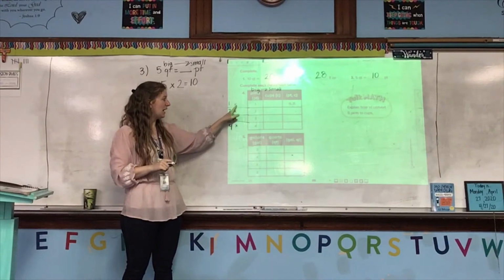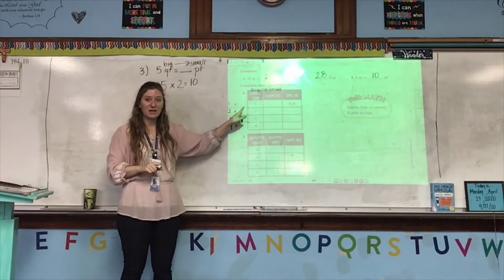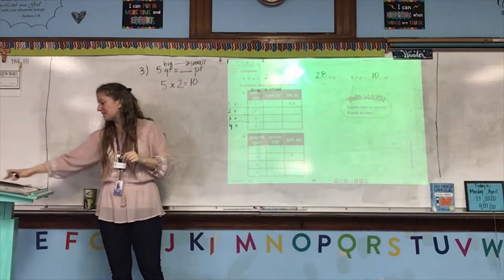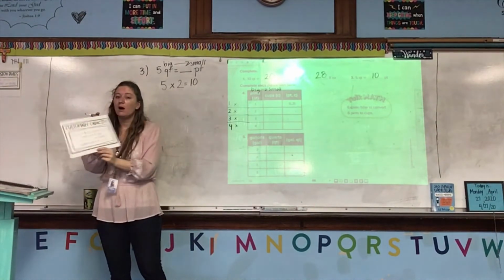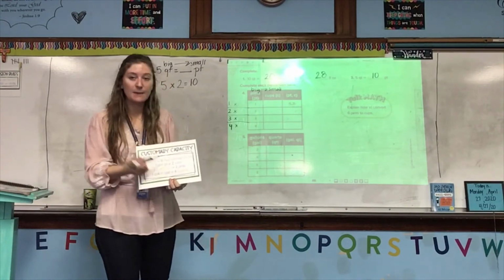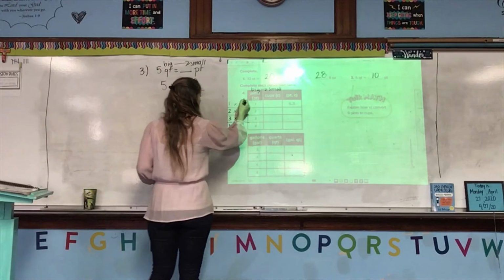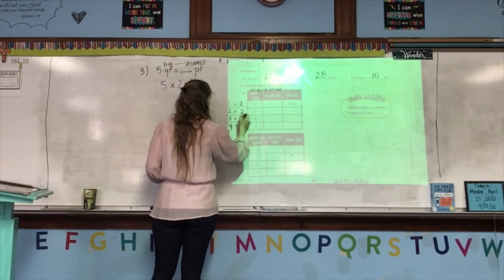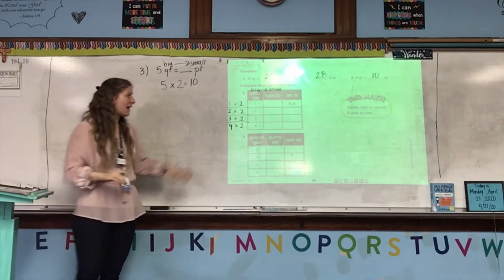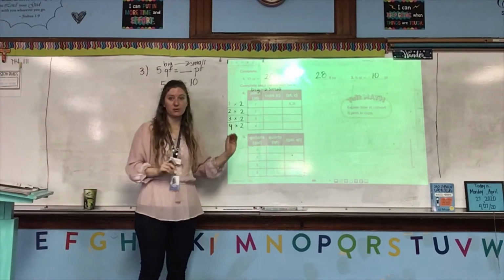Now, I know I'm not going to multiply by the number of pints in a pint. I'm going to multiply by the number of cups in a pint. Our capacity conversion chart tells us that there are 2 cups in 1 pint. So we're going to be multiplying by 2 each time.